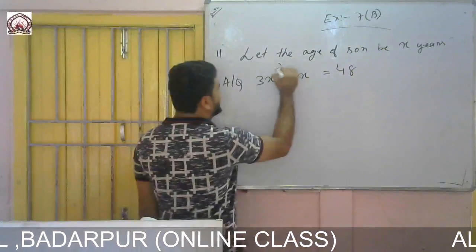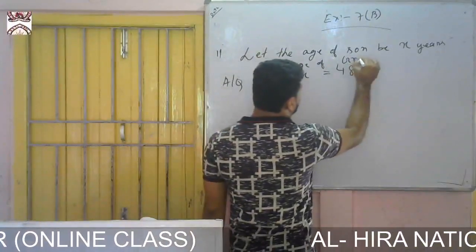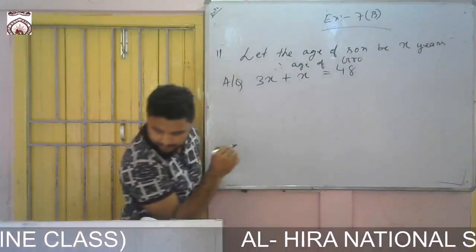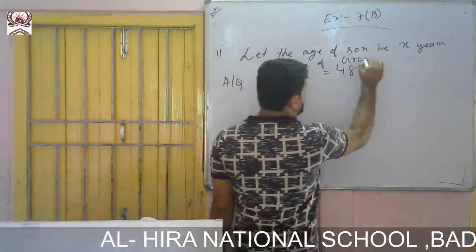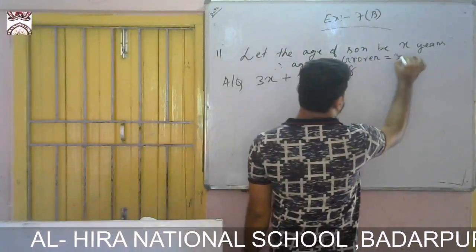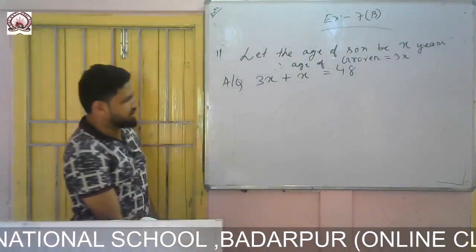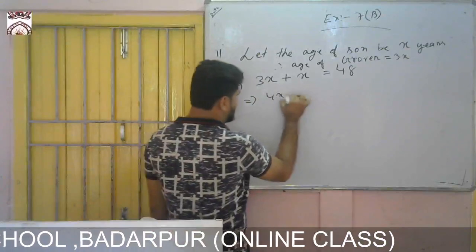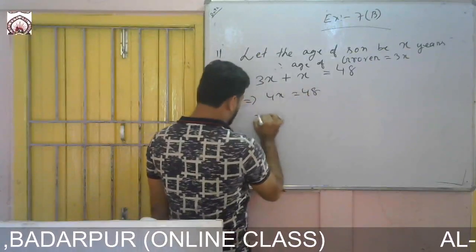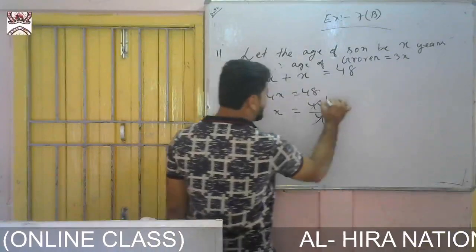Or you can write here, therefore age of Grover equals thrice X. Okay. So according to the question, thrice X plus X equals 48. So you can find now 4X equals 48. So X equals 48 by 4. 4 1s are 4, 4 2s are 8.